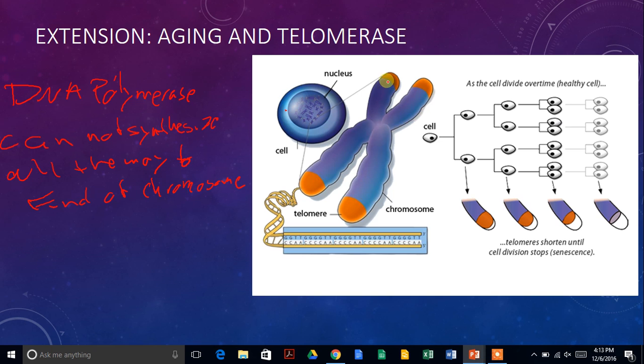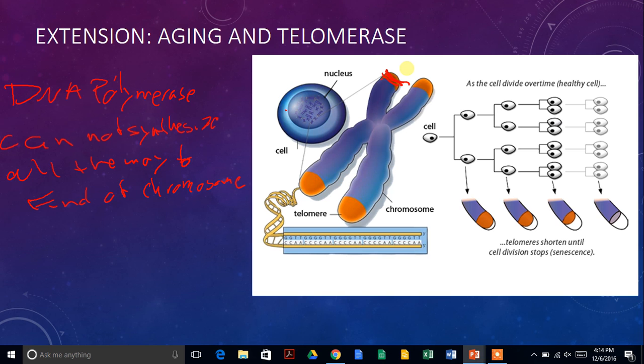It can't synthesize all the way to the end of the chromosome, which means parts of the telomeres, every single replication, get shorter and shorter. What that means in your cells, every single time one of your cells duplicates, the chromosomes get shorter by a few tens, hundreds of base pairs every single time.